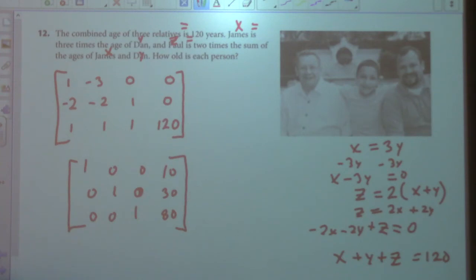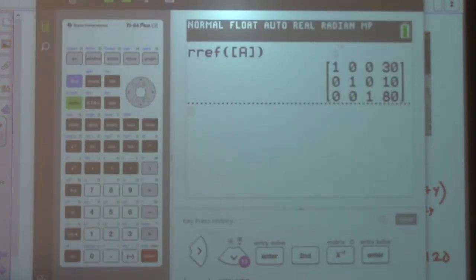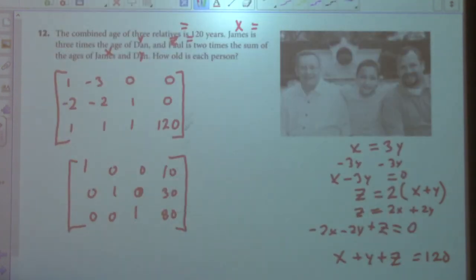I have it in the wrong order. Oh, 30, 10, 80, yeah, okay, I do have the wrong order. It's 30, 10, 80. Whew. Oh, he's years old. Yeah, okay, so now it makes more sense.